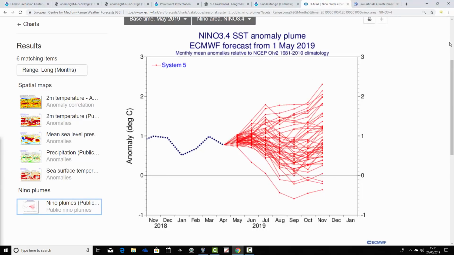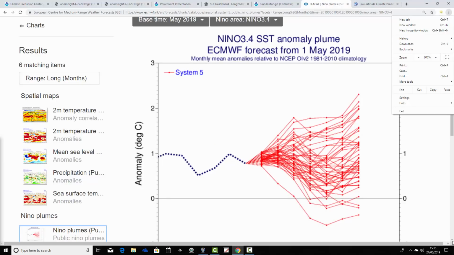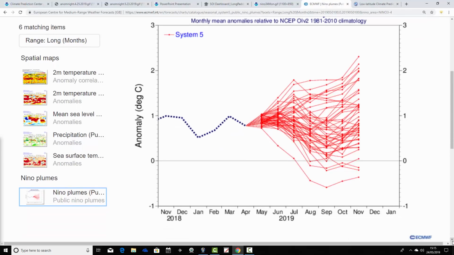ECMWF is looking like this, so let's just close in a little bit. This is for, again, region 3.4, which is the middle of the Equatorial Pacific Ocean. Again, we've got the temperature anomalies on the side, dates in monthly periods on the bottom. Where we are right now is around here, so again, just under a degree above average.